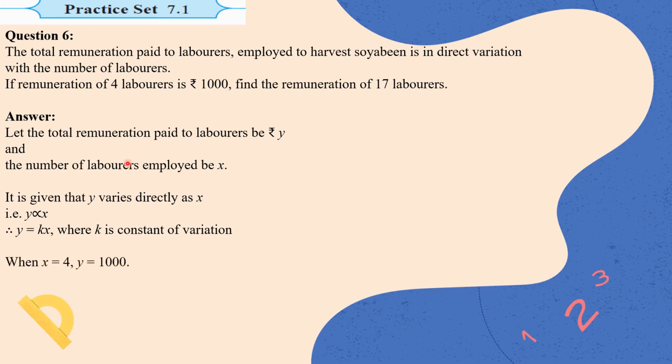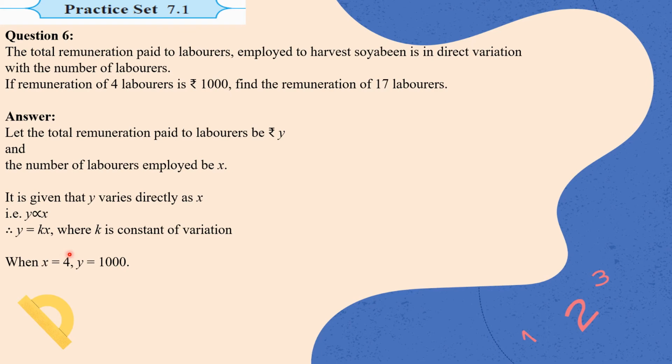Now, when x is 4, that means when 4 laborers are there, the total remuneration paid to 4 laborers is rupees 1000. That means when x is 4, y is 1000.